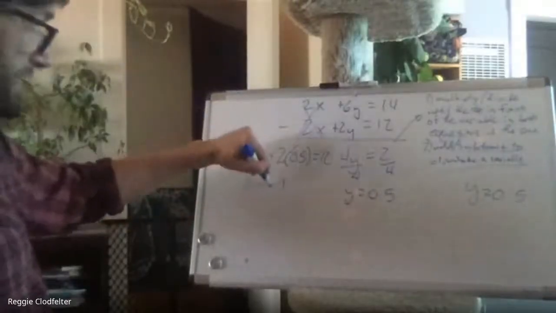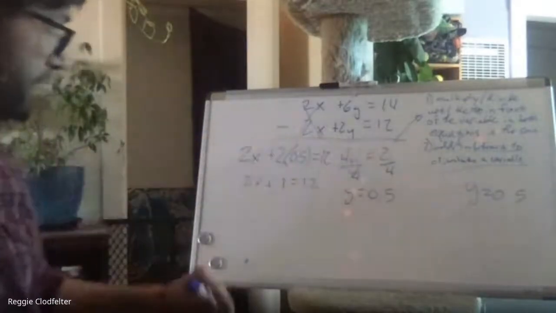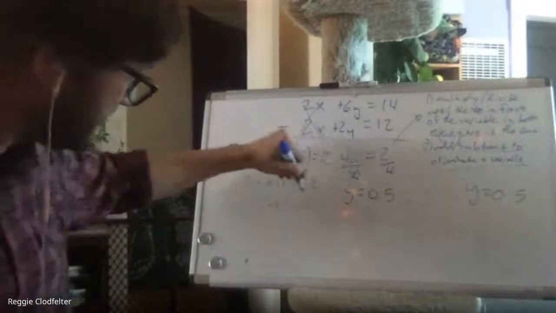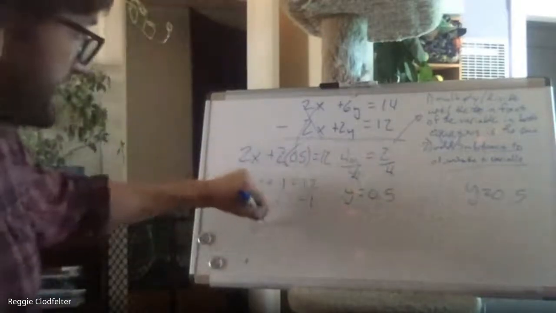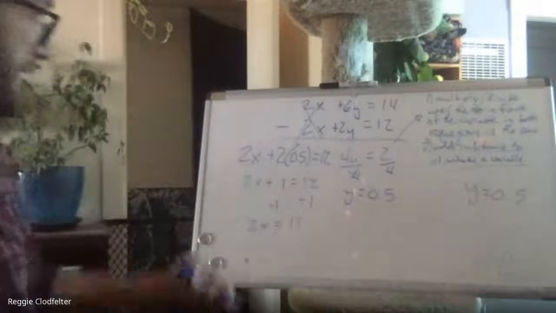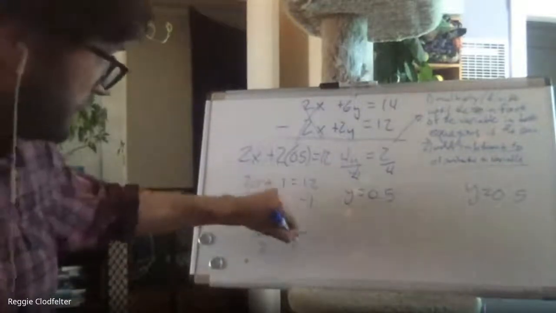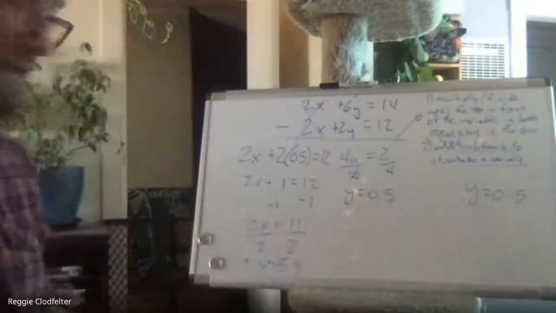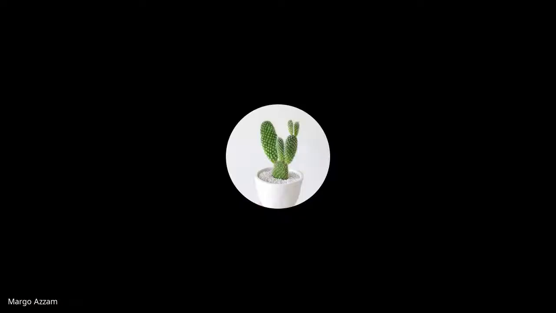So I get 2x plus 1 equals 12. I now subtract 1 from both sides to get 2x equals 11. I now divide by 2 to get x equals 5.5. Did you see how I did that? Oh, okay. Thank you. Yeah, no problem.